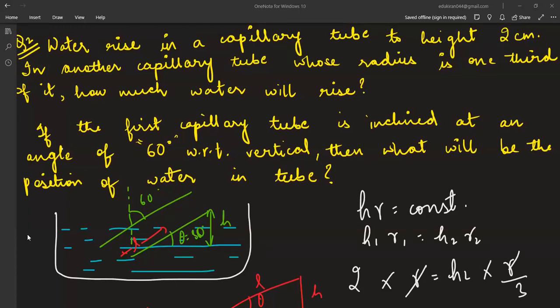Ma'am, the rise in the water, even if it's straight or inclined, is the same. That's what I was telling you. The height will be the same with inclination. This length can be different, which you will calculate through this triangle. But this height will be the same.